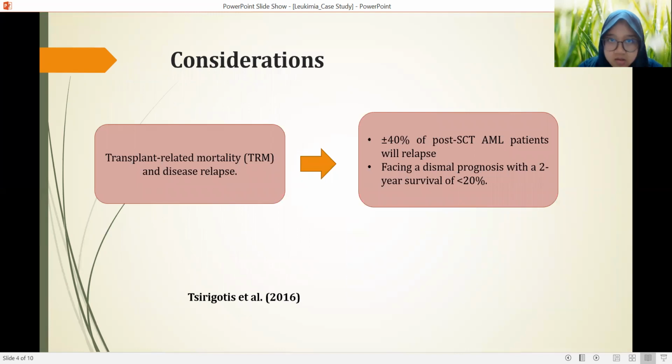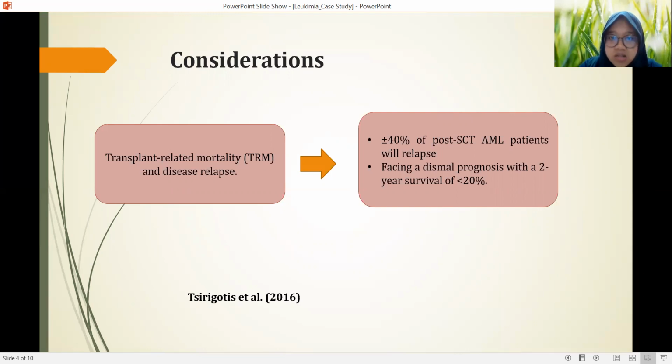With considerations of this therapy, allo-SCT, there are transplant-related mortality and disease relapse.